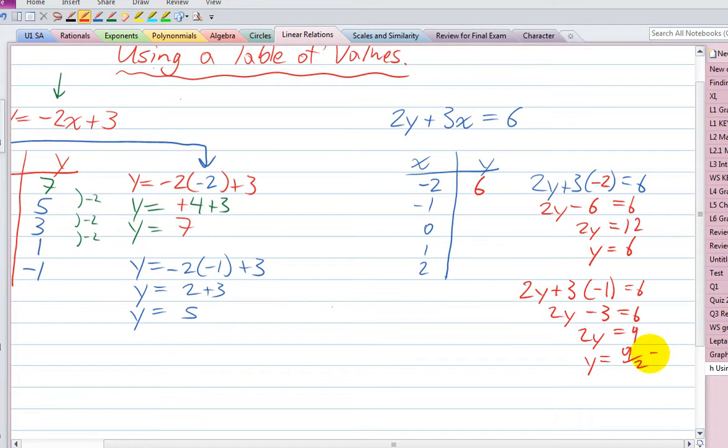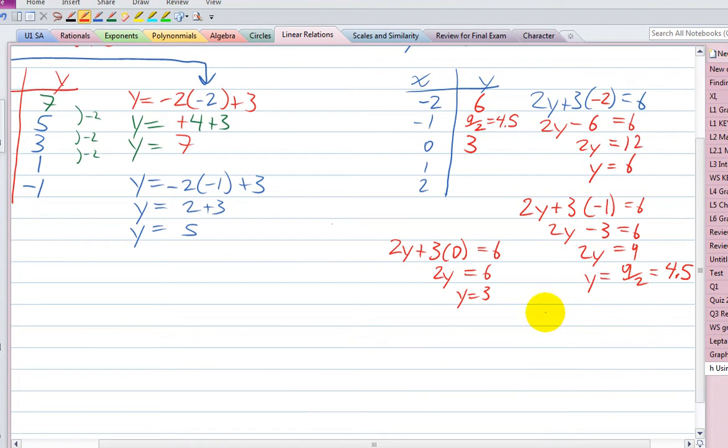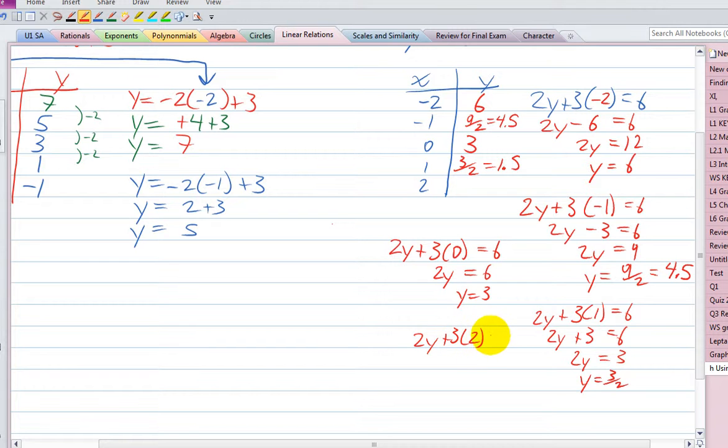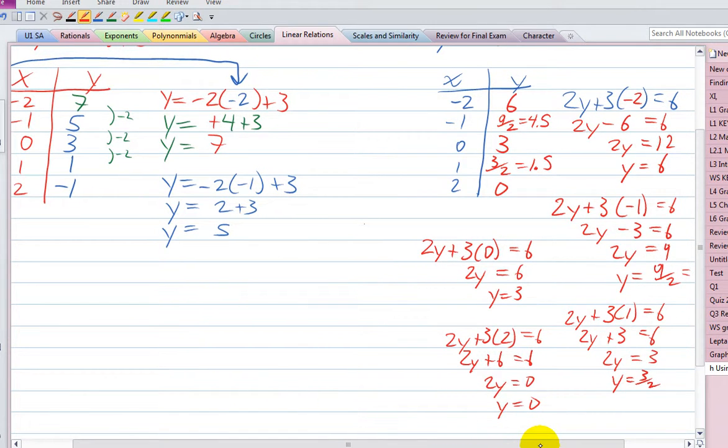What is 9 over 2 as a decimal? 4.5. Okay. Any questions?